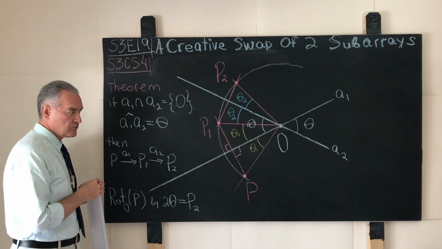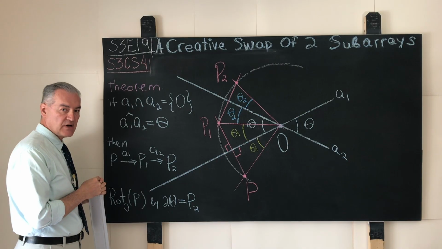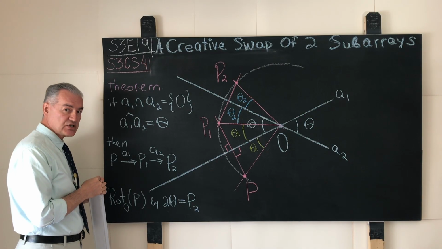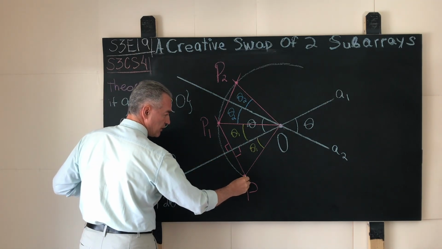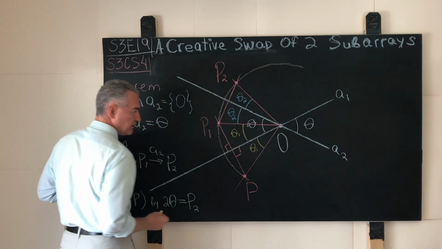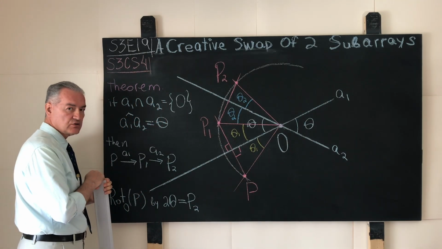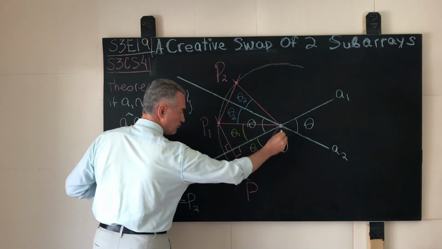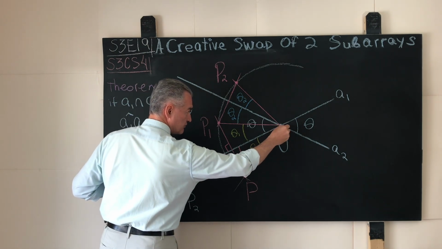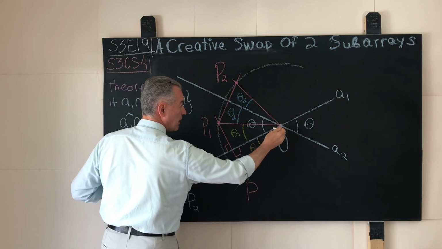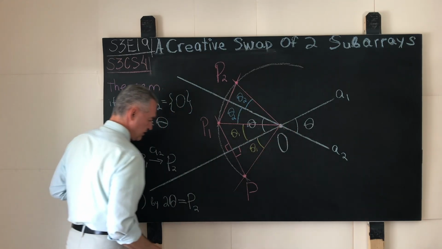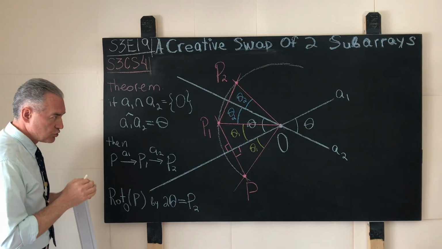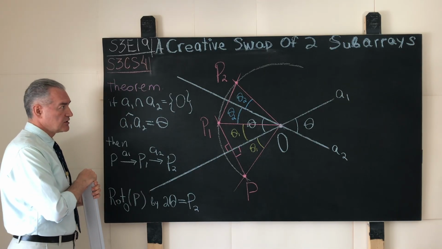Then the claim of our theorem is the following. A composition of two consecutive reflections of any point in the plane is equivalent to the rotation of that plane about the point O, where the two given straight lines intersect, by twice the angle theta between these straight lines. So more or less symbolically, we can capture this theorem the following way.